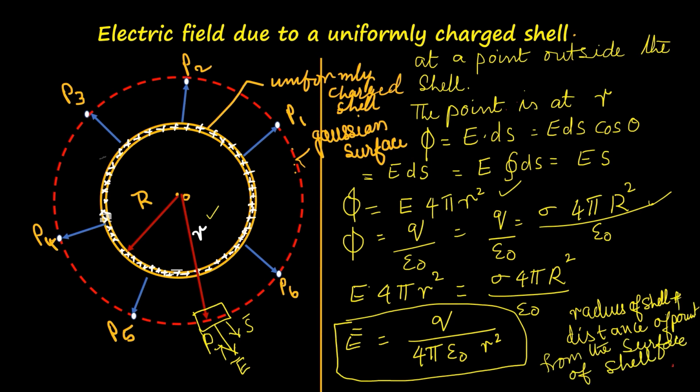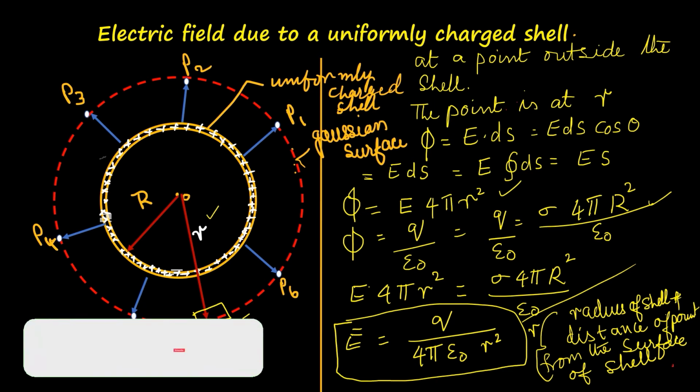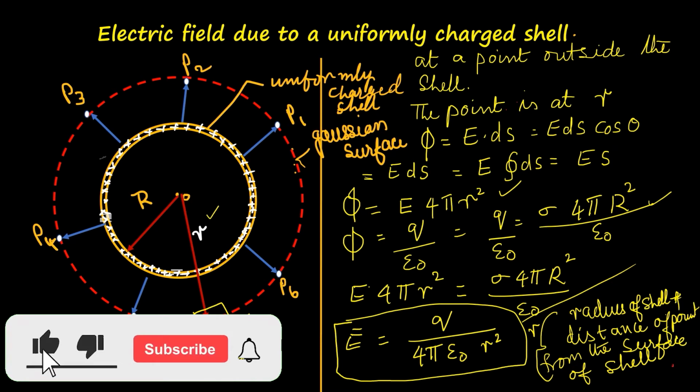So electric field is inversely proportional to the square of the distance r. That is one remarkable thing that you have to notice. In this case, small r, that is the distance of the point where we want to find the electric field, is greater than capital R, that is the radius of the charged sphere.